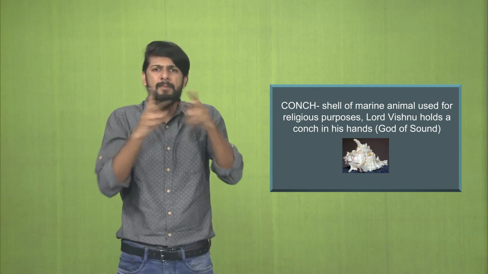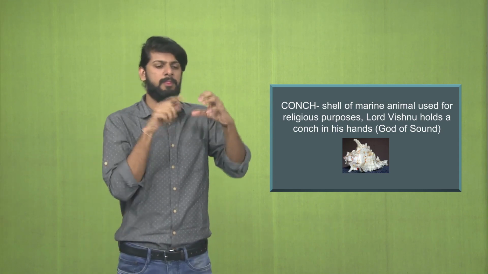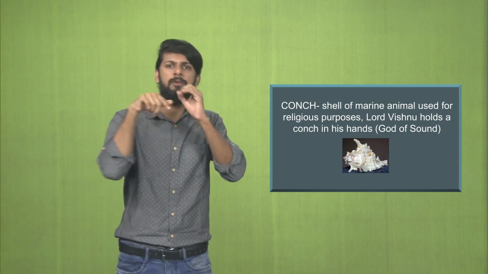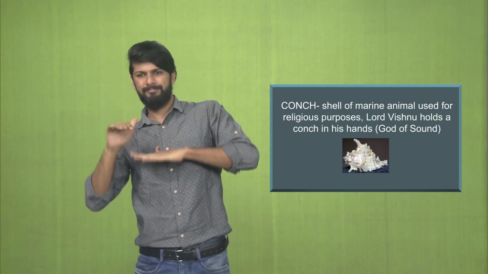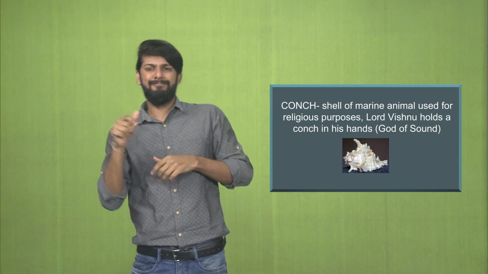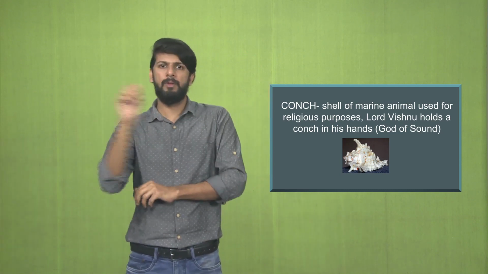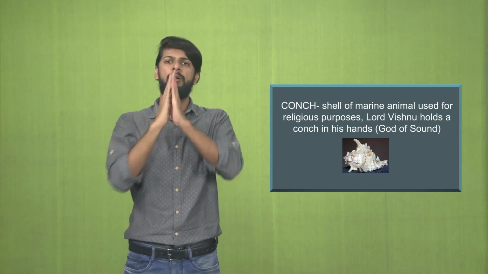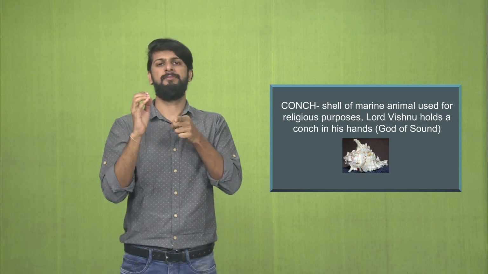There could be various marine animals who have a shell, and after the death of the marine animal, these shells are used for religious purposes. Like Lord Vishnu holds a conch in one of his hands, and he's also known as the god of sound, so that is symbolic.